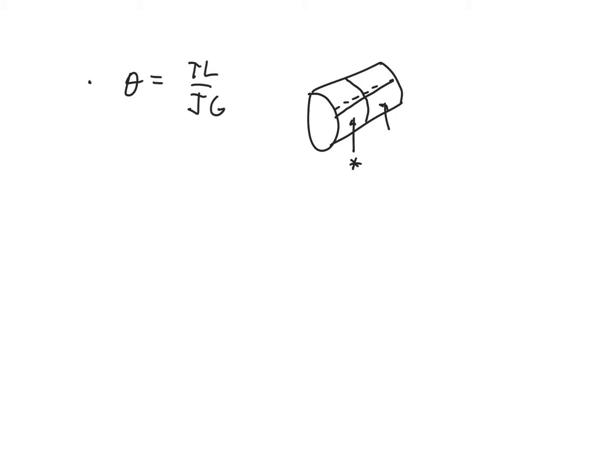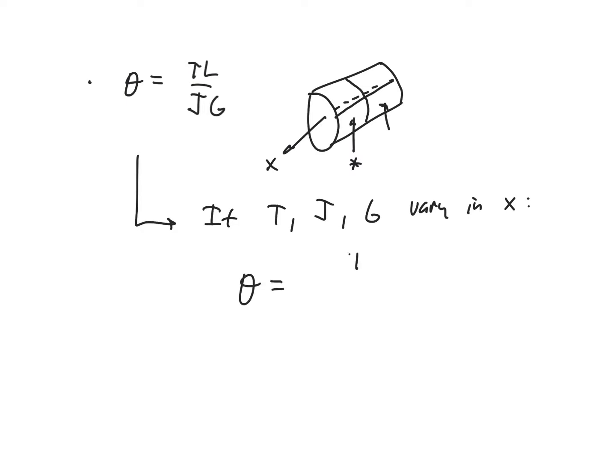So just as in the case of axial deformation, if either the torque, the second polar moment of inertia, or the shear modulus varies in our axial coordinate, and remember, our axial coordinate is this way, if any of those vary in x, then we have to use this.